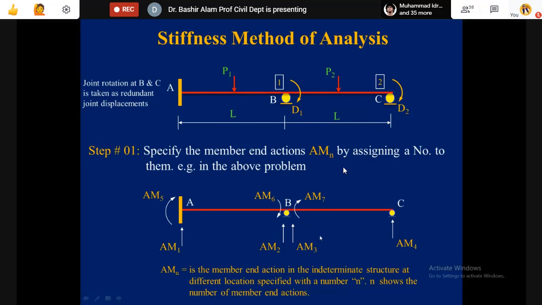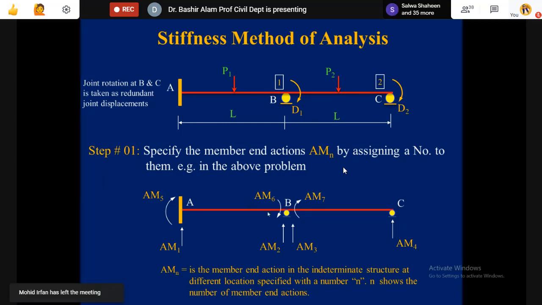Now to find out the member end actions, let's see which member end actions we are interested in. This is exactly the same procedure which we did in the flexibility method. Let's say the shear at A is AM1, to the left of B the shear is AM2, to the right it is AM3, and then at C it is AM4.